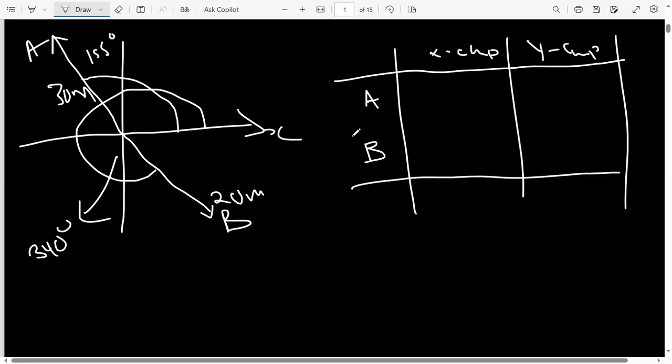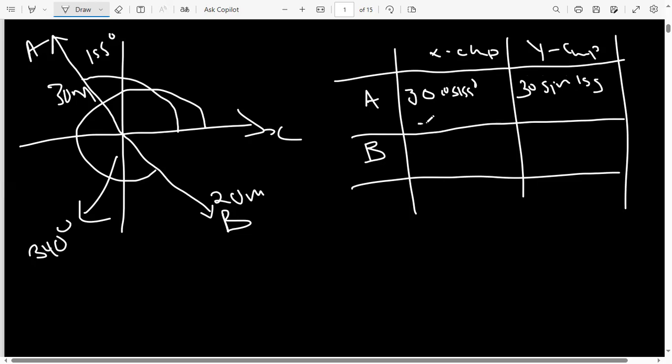Okay, so let's resolve vector A. So vector A has a magnitude of 30, and then the angle that comes from the positive x-axis to where it is, it's just 155. So it will be 30 cos 155. Okay, so always, if you are in the x, it's cos. And then here it will be the same thing, but here now you have sine 155.